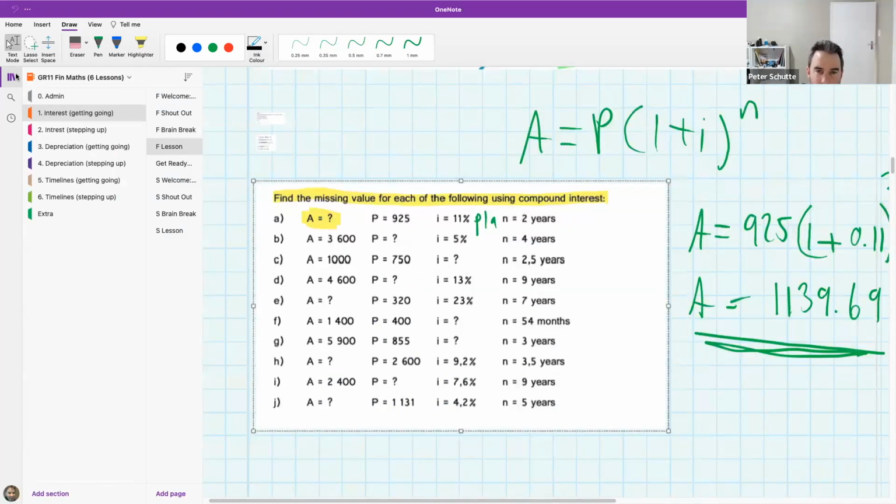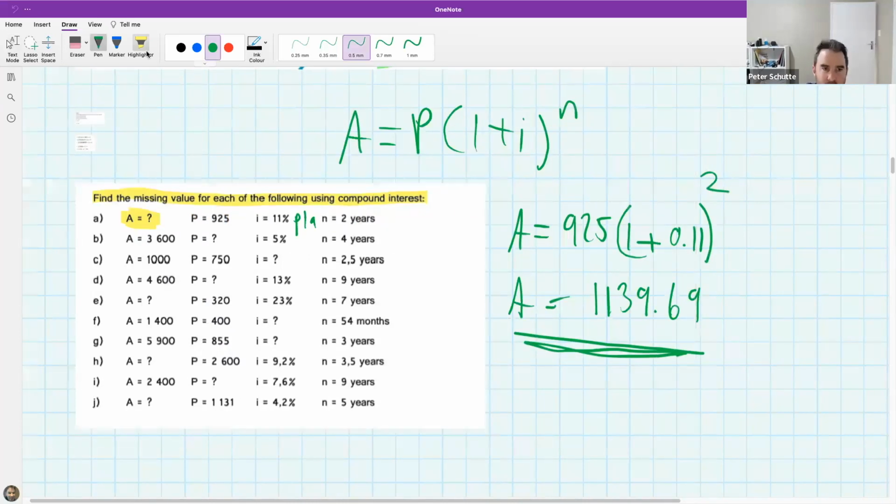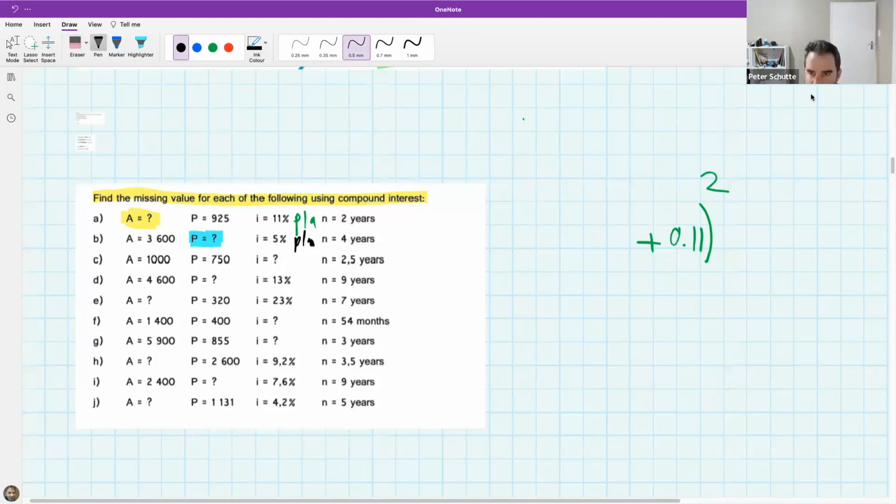So, second part of the lesson. What I want to go to now is I want you guys to try and find me what P is in this calculation, where this is 5% per annum. So can you find me, if I tell you what the final value is, can you tell me what the initial value was?